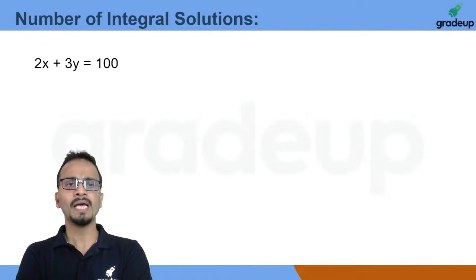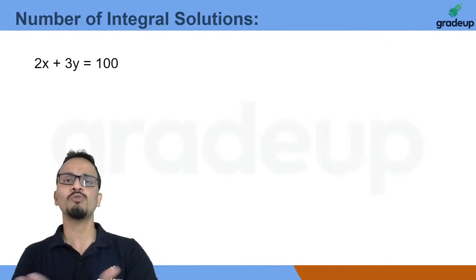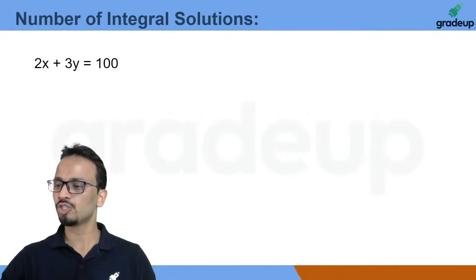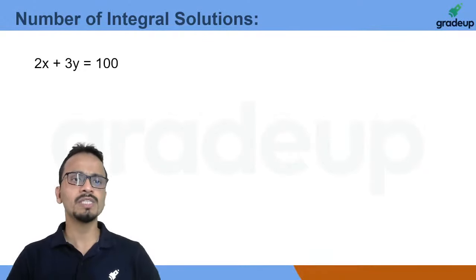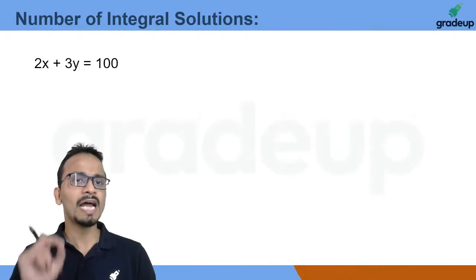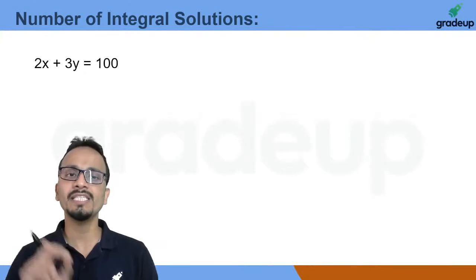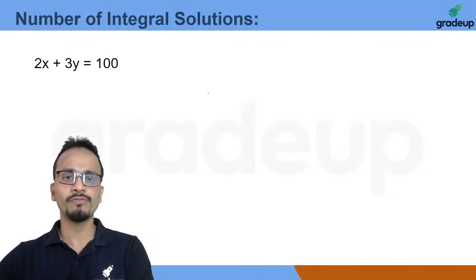All right. Now let's talk about what will happen in case we need to find out only the integral solutions. That means all the values of x and y which will satisfy this particular equation such that x and y are integers only. So let's look at the process of solving this.